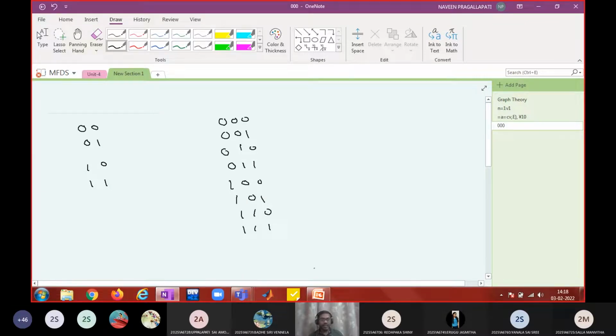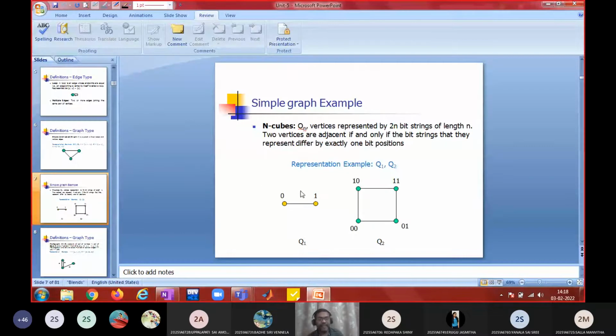And what is the n-cube? In the n-cube, you give an edge if two strings differ in exactly one bit. If the difference between the corresponding bits is only one position, then join those two vertices. In case of two vertices, only 0 and 1, a single edge. In case of these two, 10 and 00, the 0 is the same, but at this position 0 and 1 are changed. Only one difference in the position, so you connect these two.